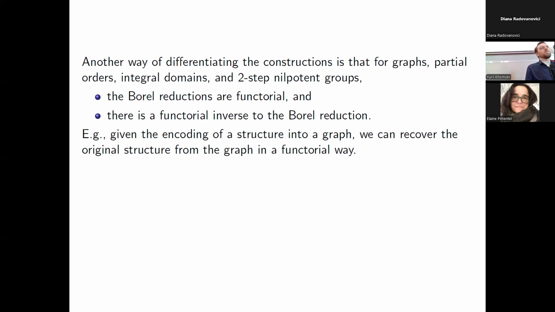If you had an automorphism of the graph, it would induce an automorphism of the original structure just because it lives inside. So there's a functorial inverse to the Borel reduction as well. There's some kind of category theoretic thing that you could say, but I won't get into that too much. But it's really saying that there's this strong recovery of the coded structure from the structure that it's encoded into.